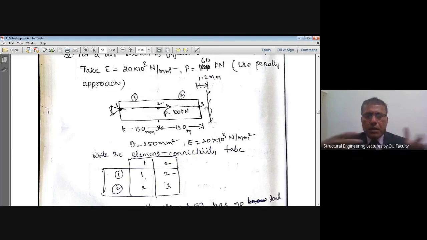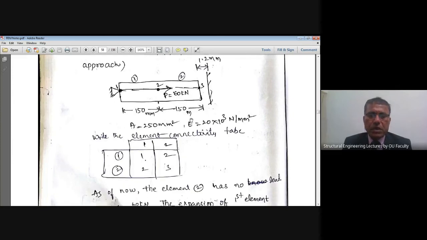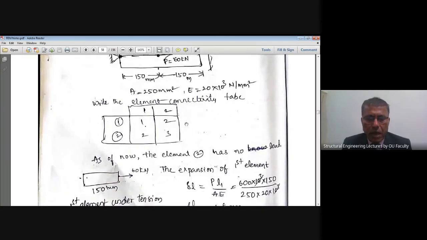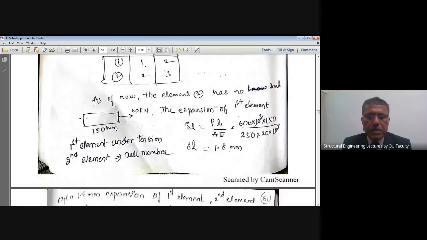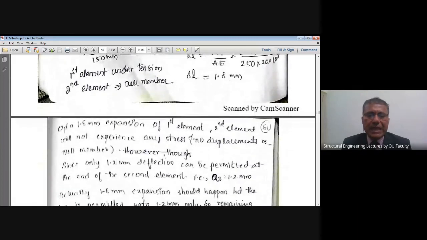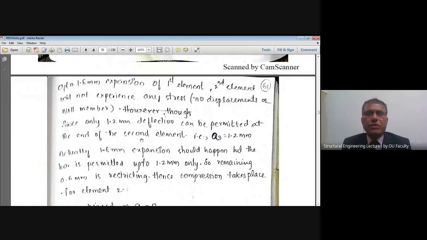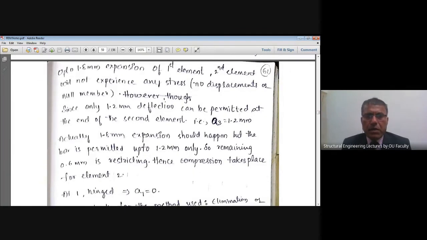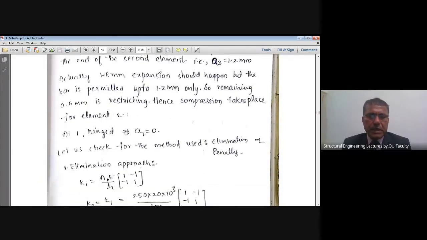Because of that, the boundary leads to a reaction force R, because of which the element experiences a compression force. After displacing by only 1.2, the element will be under compression. Till then, it does not experience any force.